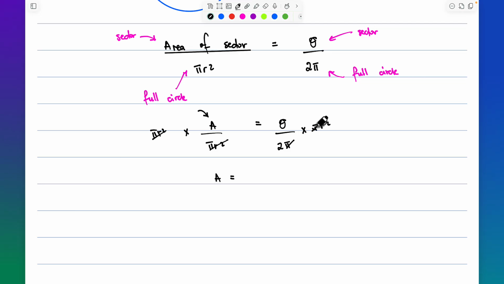These pi's cancel, and what you're left with is this over 2, which is the same as saying half. We still have r squared and theta. So this is the area of a sector, and it only works with radians.